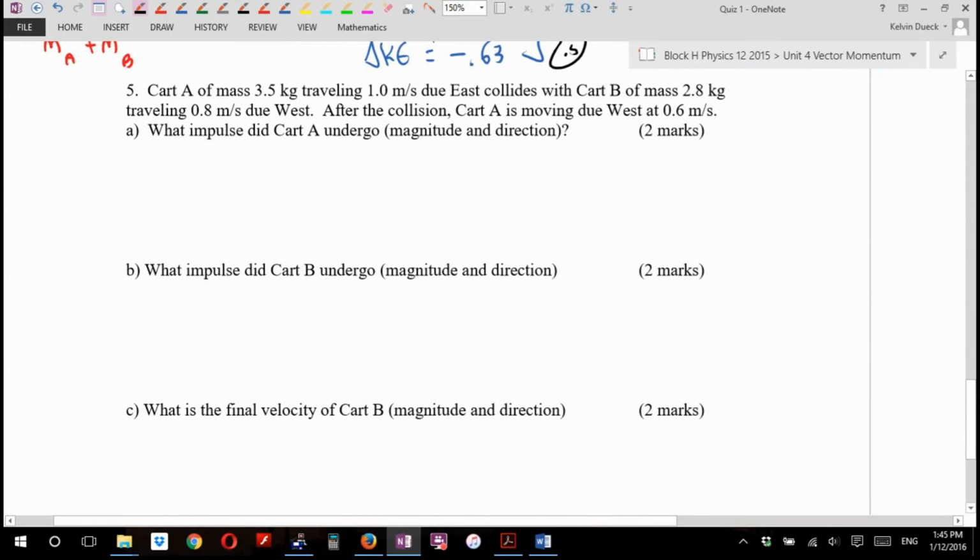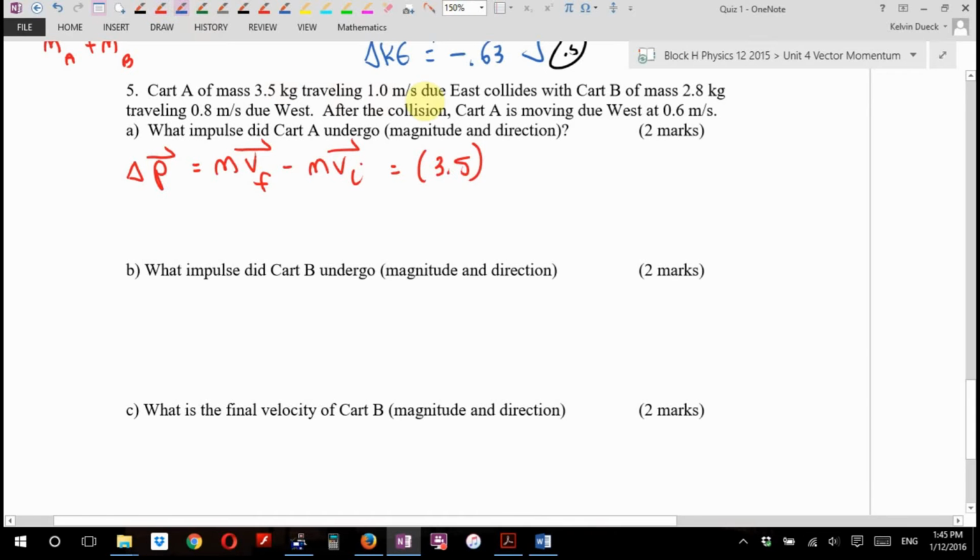Number 5. Well, I know there's a collision, but number 5 is asking me to find the impulse. You know what? I have a final velocity and initial velocity. I'm going to find the impulse by going mv final minus mv initial. M, 3.5.